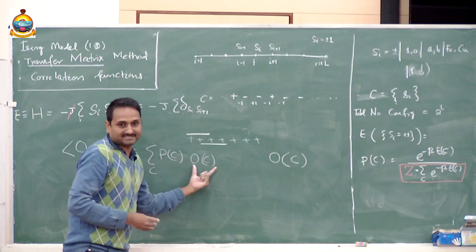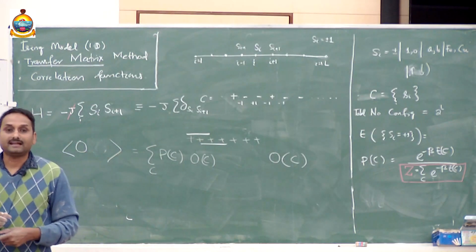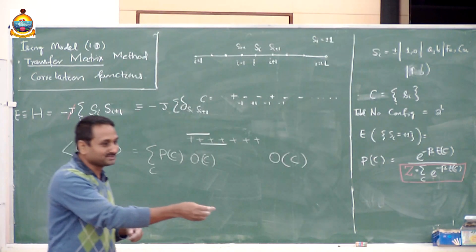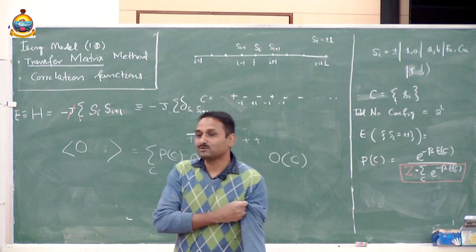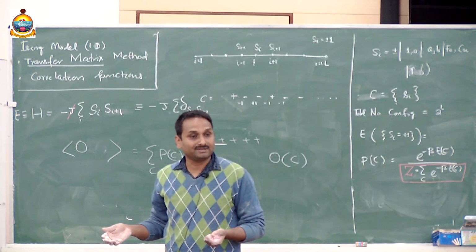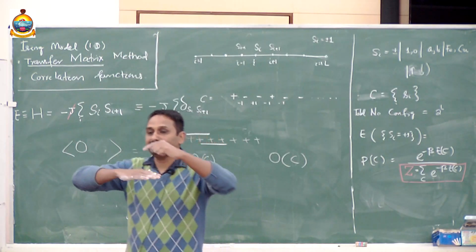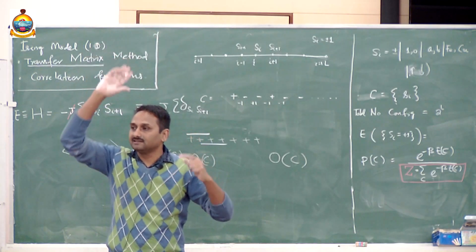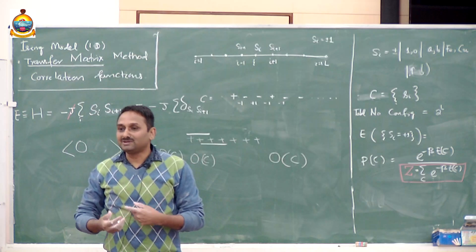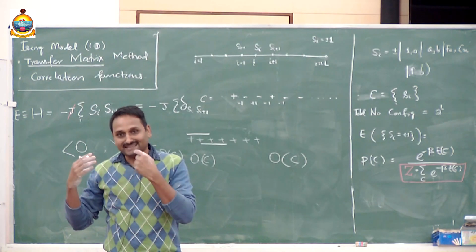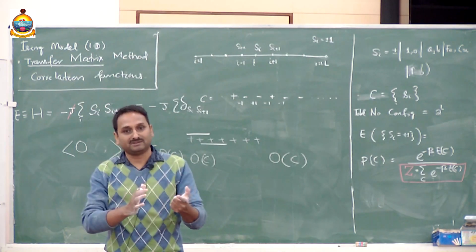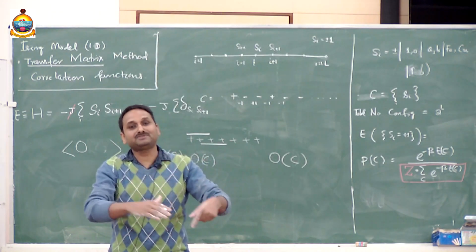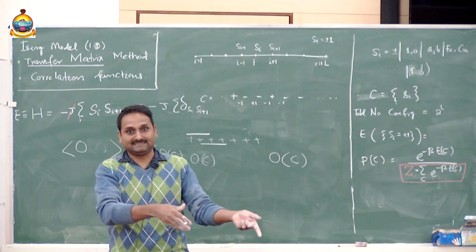So O(C) P(C), okay. So here I just wanted to point out some confusions in these quantum things. In quantum things also you are exactly doing that. So what do you do? You have quantum energy levels, E1, E2, E3, E4, En, whatever. Now if you want to calculate the average value of some observable, how to do it? Probability you are in that state times the value of the observable in that state, right?